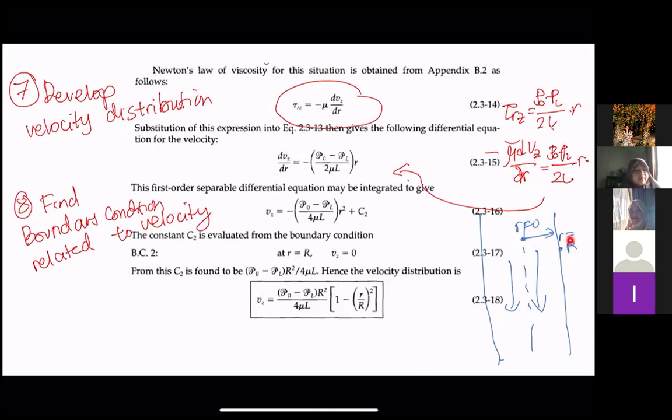Hold on. Sorry? What was the question again, Ibu? Yeah, the question, what is the velocity of the fluid on the wall? Would it be 0? 0. Okay, Kevin, what do you think? The velocity of the fluid on the wall?